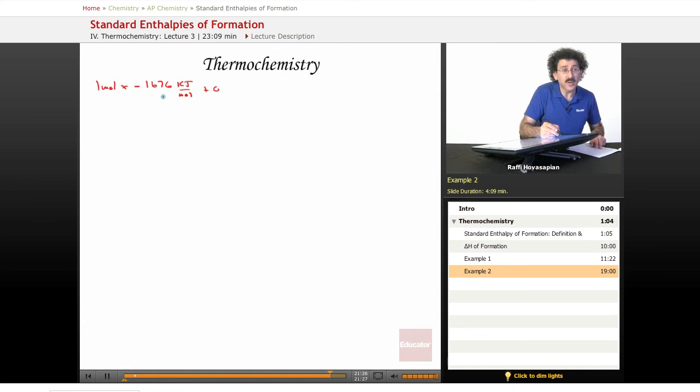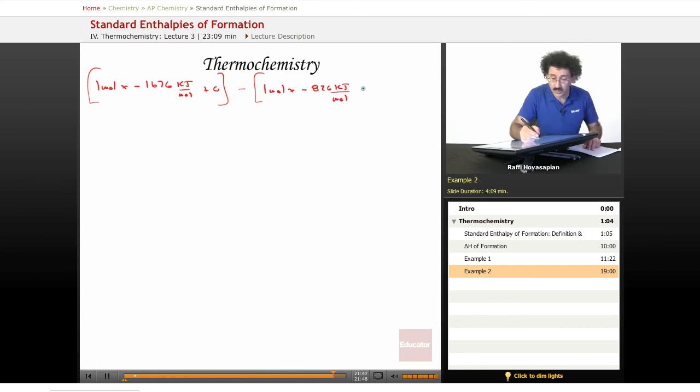That's the aluminum oxide plus the iron, the products, minus the reactants, which is 1 mole times negative 826 kilojoules per mole, which is the Fe2O3, plus 0. When we do this, we get minus 850 kilojoules. That's 850,000 joules.